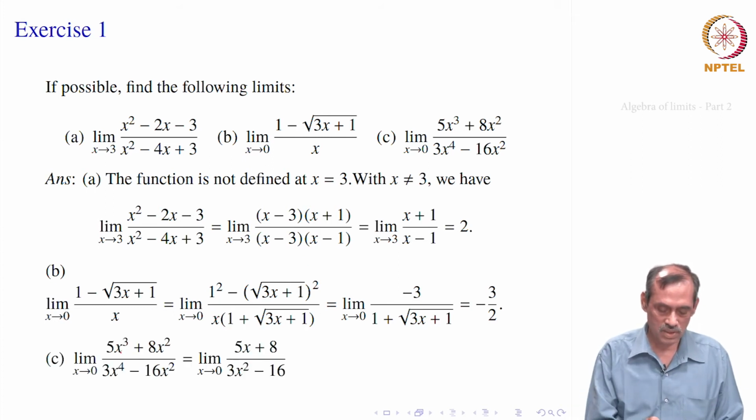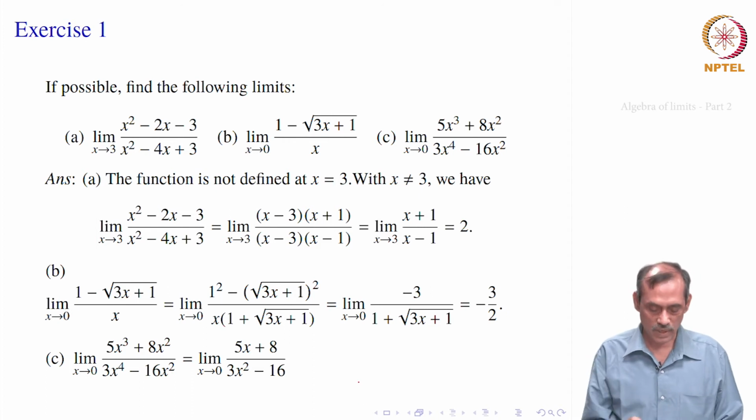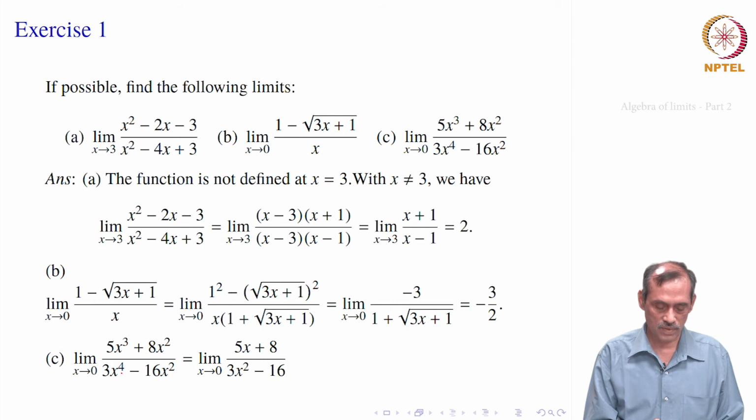So, C is the limit of 5x cubed plus 8x square divided by 3x fourth minus 16x square as x goes to 0. So, again the denominator goes to 0 as x goes to 0. So, is any factoring possible, that is our question.